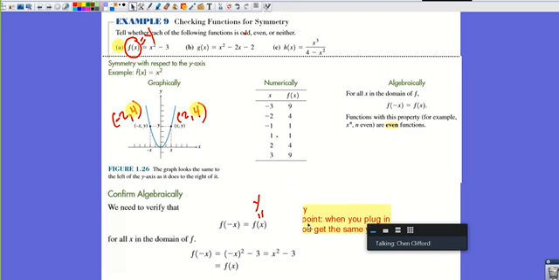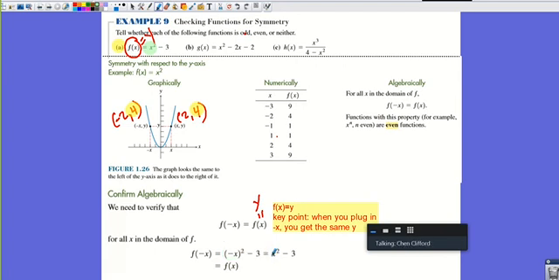All right, now let's go ahead and try that. Watch this. I'm going to plug in negative x into this equation here, and that's what we got. And what's negative x times negative x? It's the same thing as x squared.